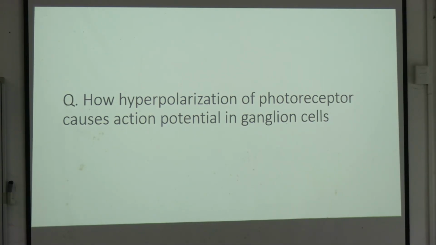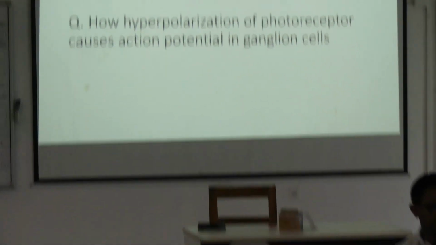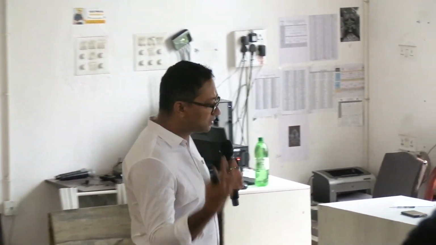Okay, we have also talked about the presence of 2 different types of bipolar cell and 2 different types of ganglion cell, which are responsible for converting hyperpolarization into action potential. So unlike all other cells, in the rod cells or cone cells the primary event is hyperpolarization and not depolarization.